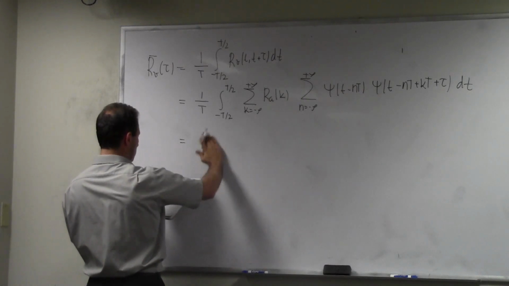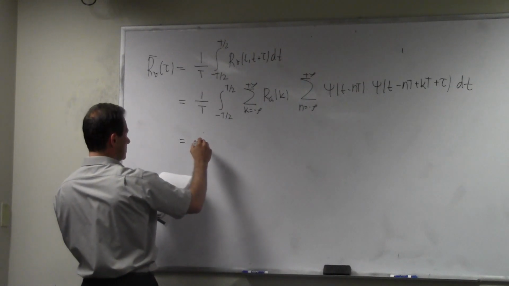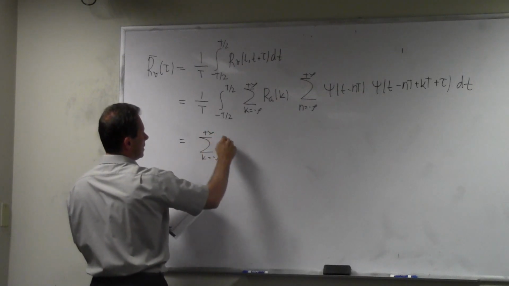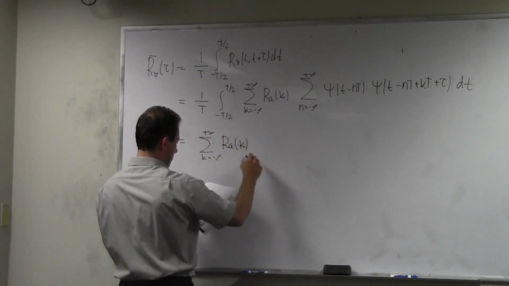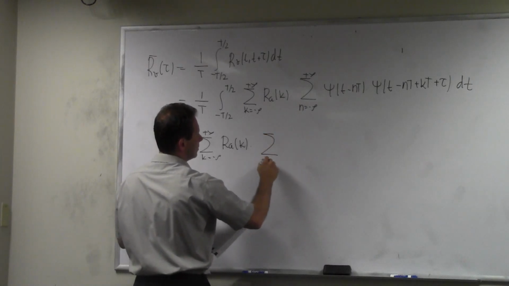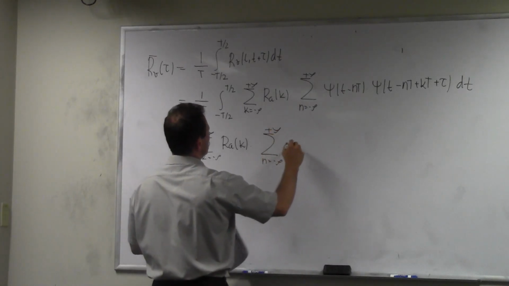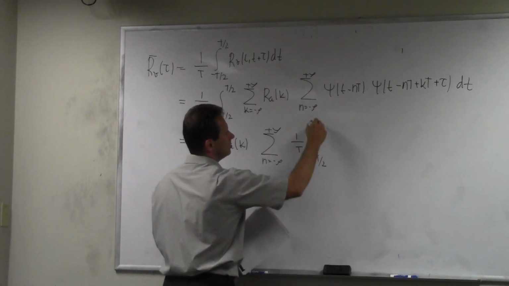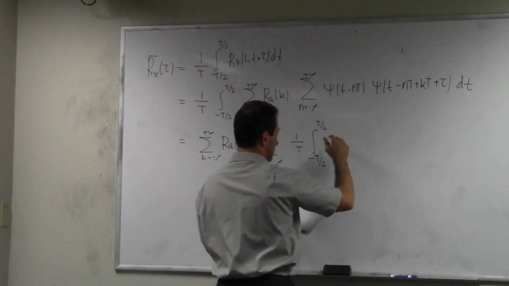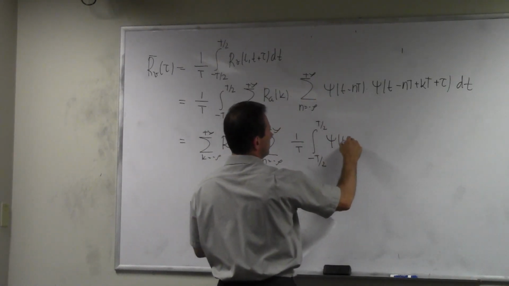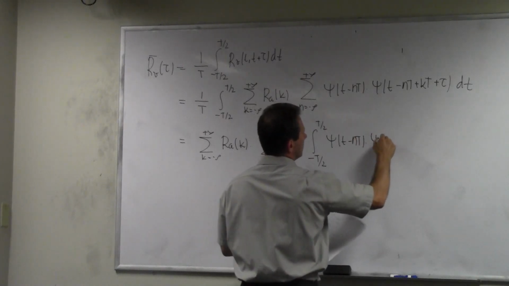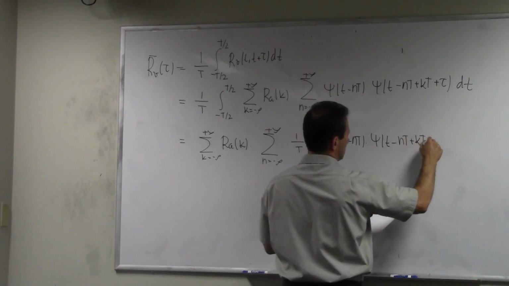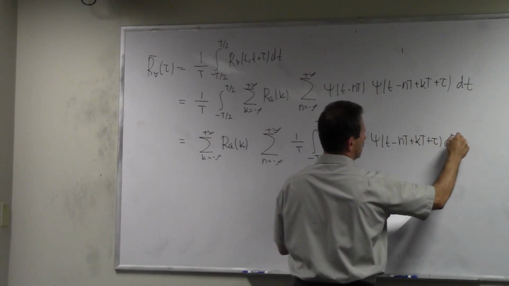So let me rearrange a little bit. This becomes the sum when k goes from minus infinity to plus infinity, R_a of k, and then the sum when n goes from minus infinity to plus infinity, 1 over T, integral from minus T over 2 of this thing, psi of t minus nT, psi of t minus nT plus kT plus tau dt.